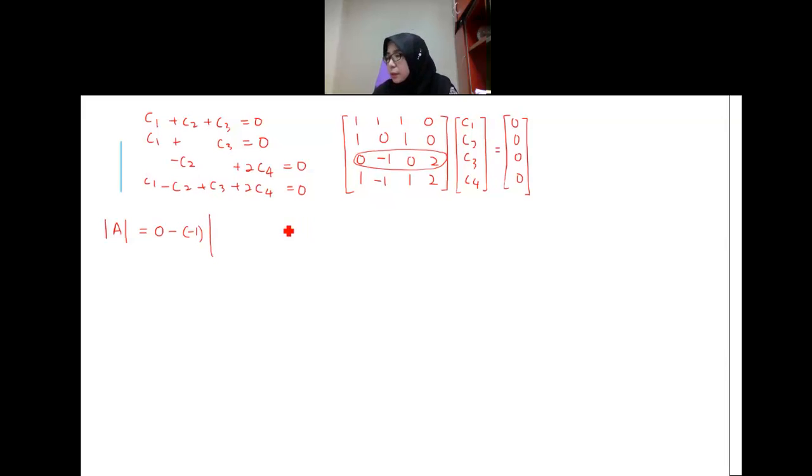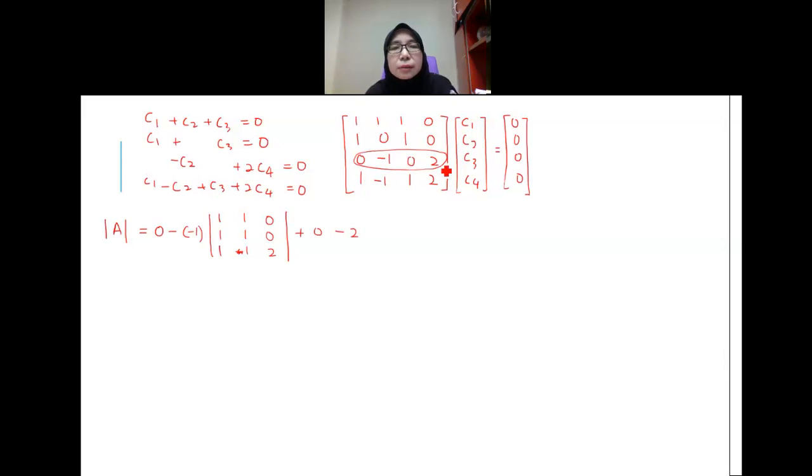Then the determinant of the submatrix: eliminate the third row and the second column. The submatrix is 1, 1, 0, 1, 1, 0, and so on. Then plus 0, minus 2, with the sign positive, negative.